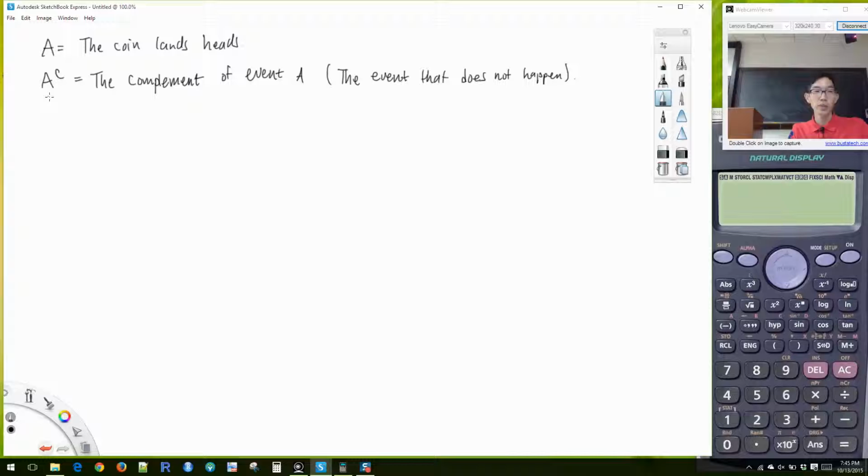A complement can also be written as not A, or as A with a little tick mark, which we call A prime. So if A is the coin lands heads, what is the complement? It would be the coin does not land heads.